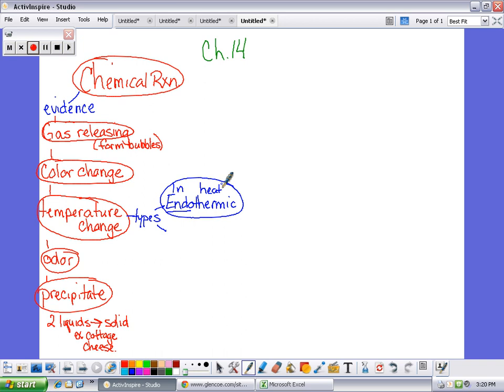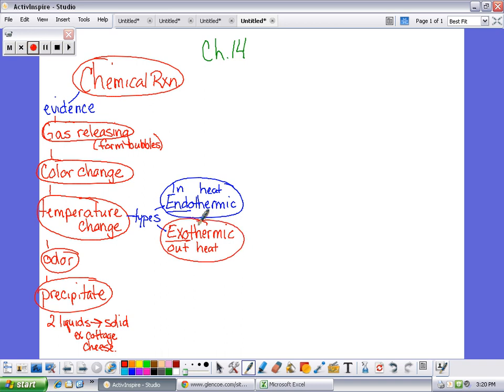So it goes into the bonds of what is being made, so therefore you do not feel the heat being given off like you do in exothermic. Exo means out, therm is heat, so heat is released, feeling warm.